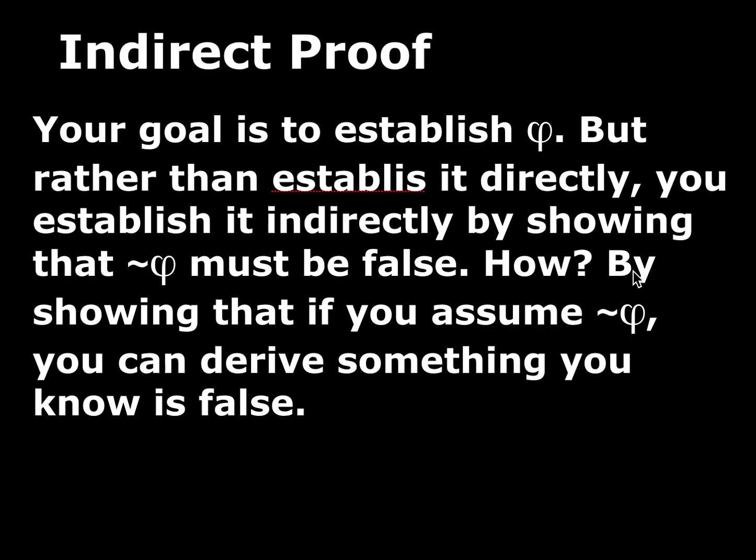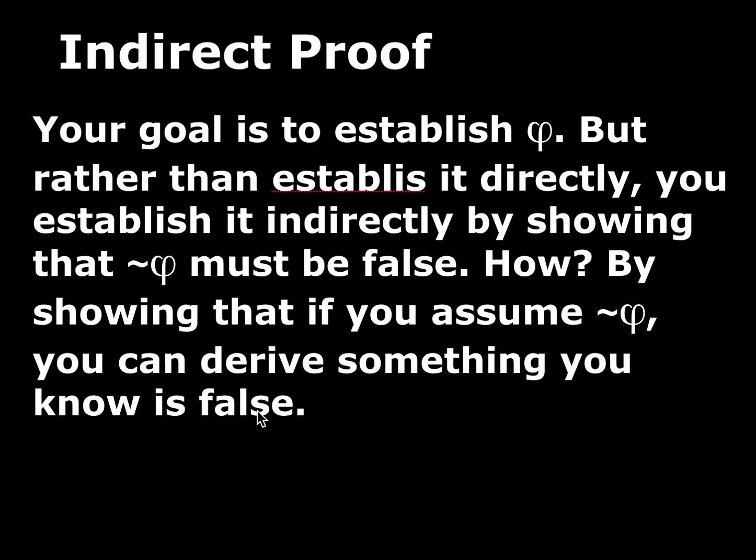Well, how do you do that? You do that by assuming not phi, showing that if you assume not phi, you can derive something you know is false. And remember, the rules are truth preserving. So if you can derive something false, that means something you are applying the rules to can't be true.